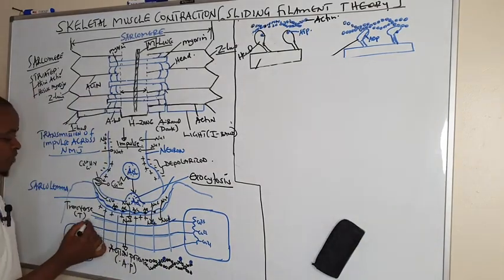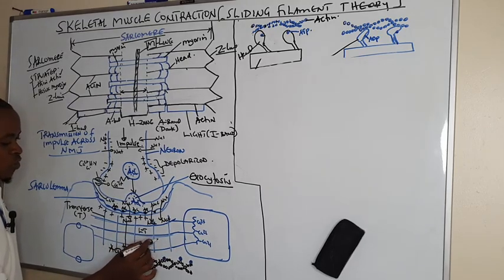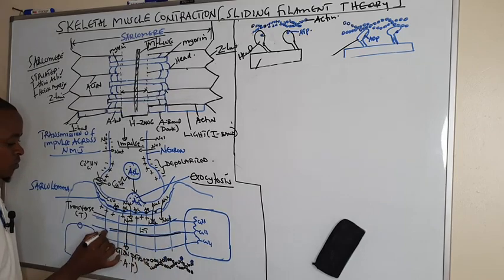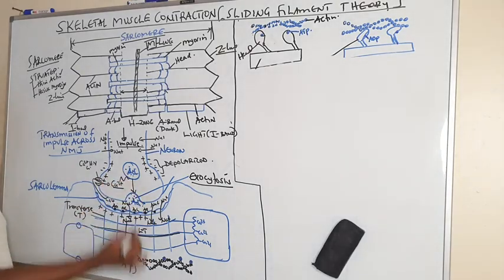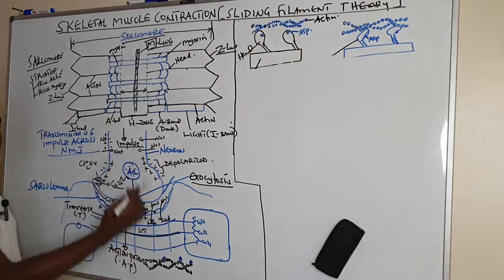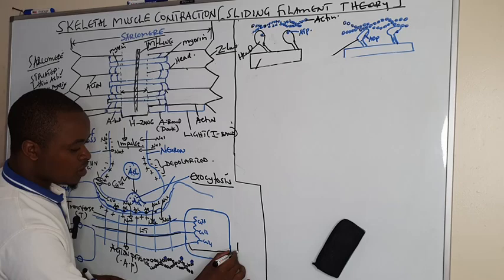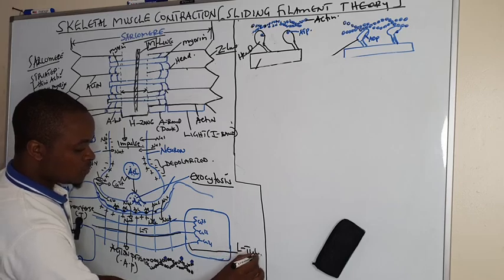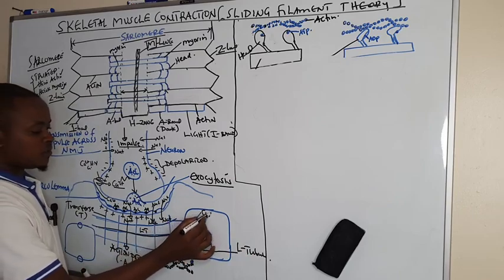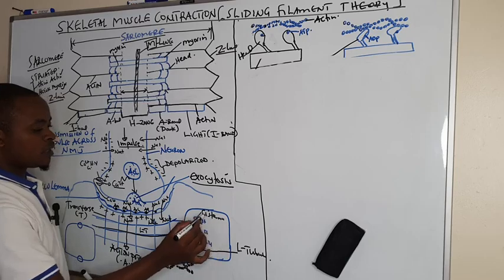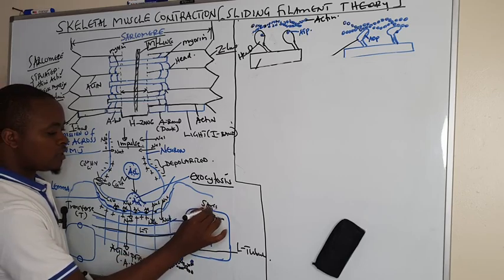And remember, we also have the longitudinal tubules. As the action potential propagates down the muscle cell, it is going to shake the longitudinal tubules. And these longitudinal tubules are attached to the cisterns, the cisterns contained within the sarcoplasmic reticulum.